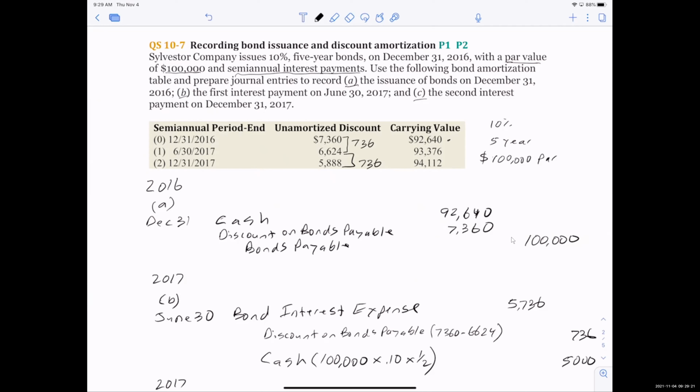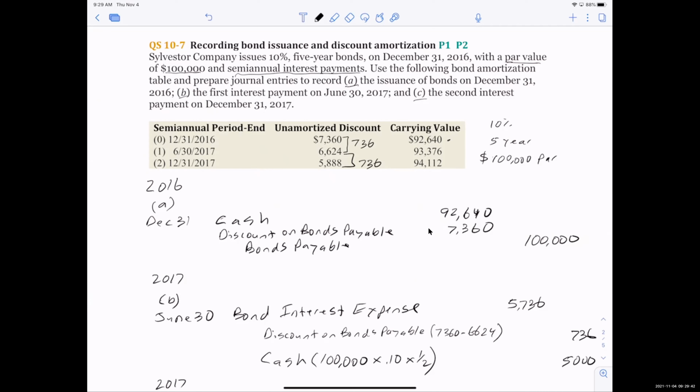So we put that down for bonds payable. We know that we only received 92,640, right? So that's the cash received, 92,640, and the difference between what we received and what we have to pay back is our discount on bonds payable.